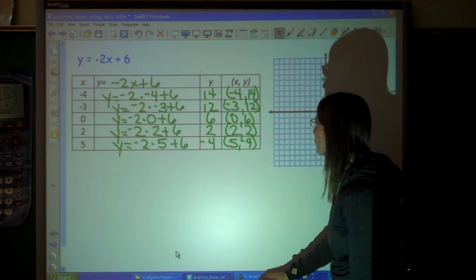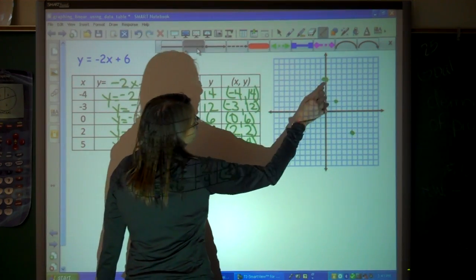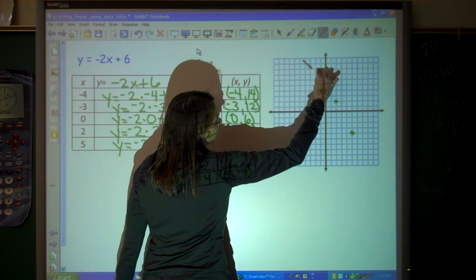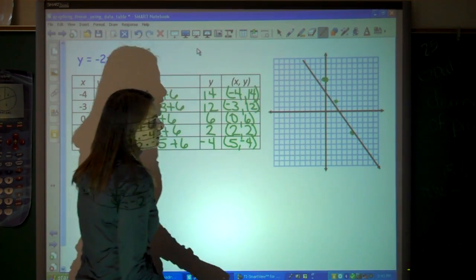I'm going to line up my ruler, and I'm going to draw a straight line going directly through these points. That's what happens when I don't use my ruler.